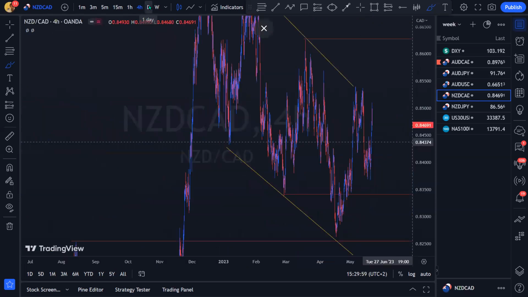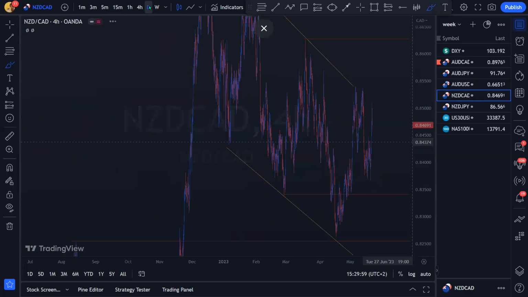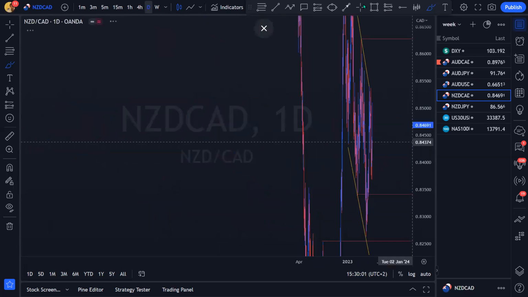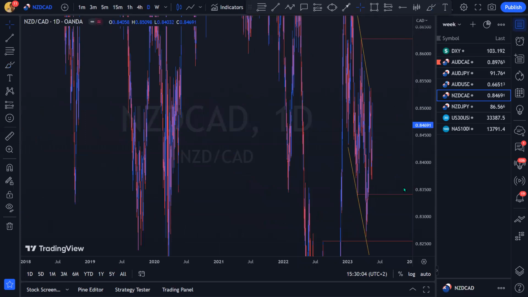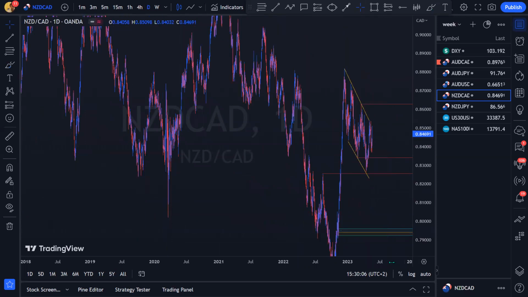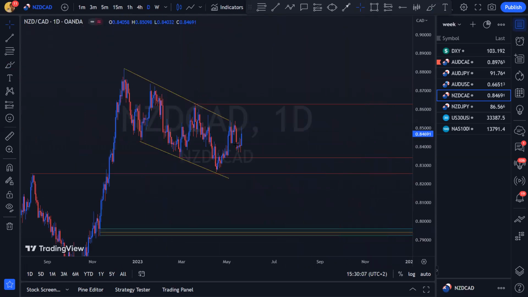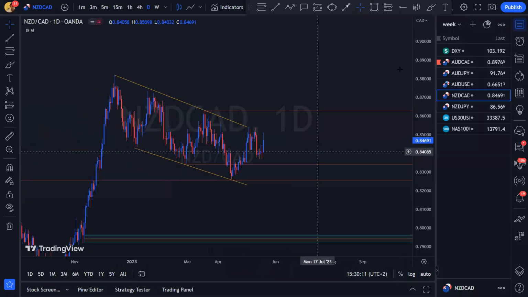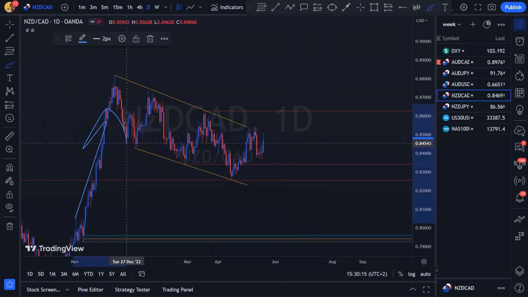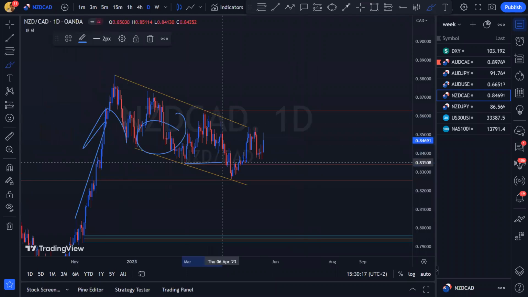So New Zealand dollar CAD, this pair, it doesn't annoy me, but it's annoying to look at because she's just being so unnecessarily difficult. But if you guys want to recap from last week, we've got upside momentum, we've got a corrective structure, we've got a level of structure here that price action broke below, broke back above.